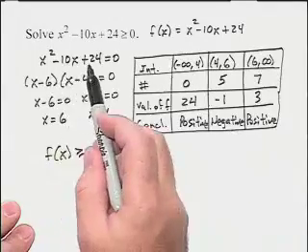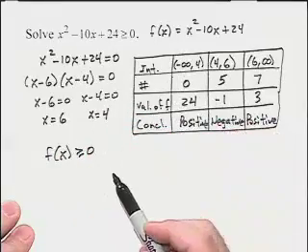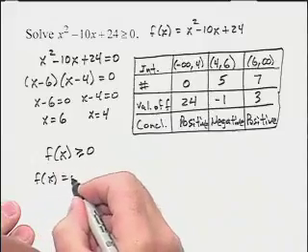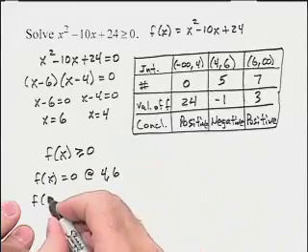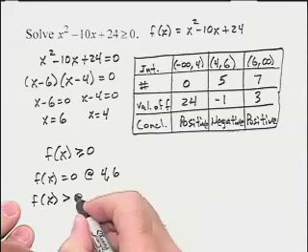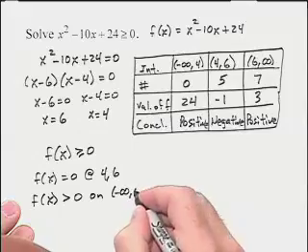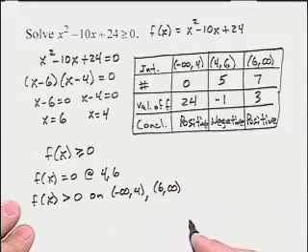We actually solved that when we set f of x equal to 0 to find our breaking points for the real number line. So we can say that f of x is equal to 0 at 4 and 6. f of x is greater than 0 on the interval negative infinity to 4 and the interval 6 to infinity.